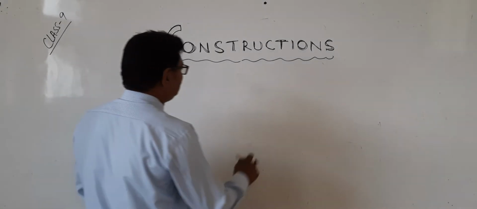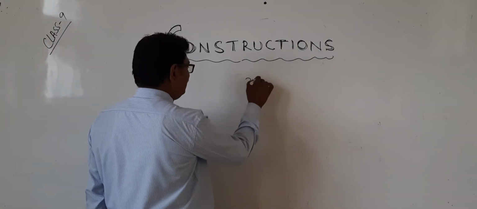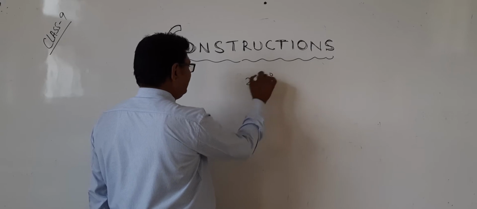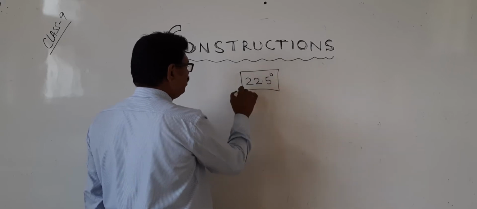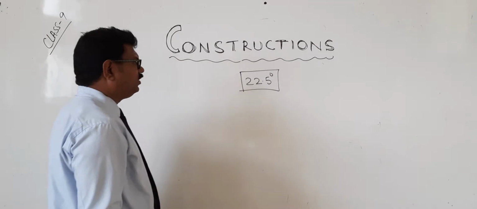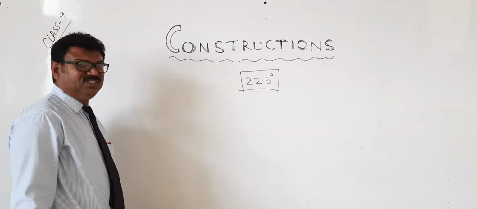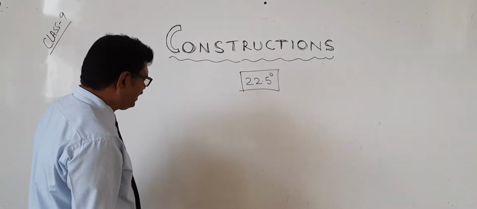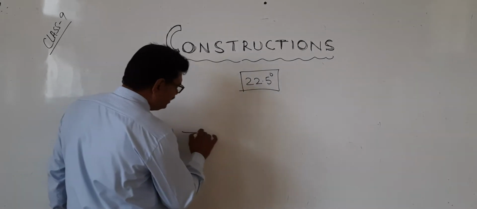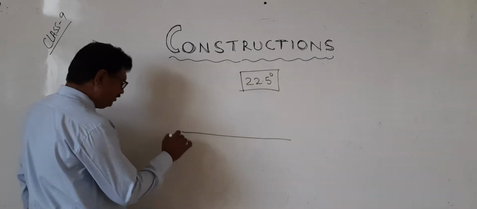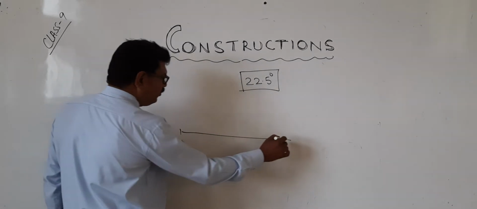One more simple angle, 22.5 degrees. How to construct 22.5 degrees? This is very, very simple. Okay? For this, draw one line segment, that is PQ.